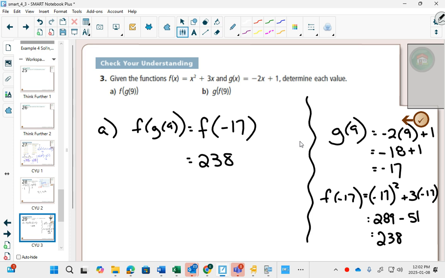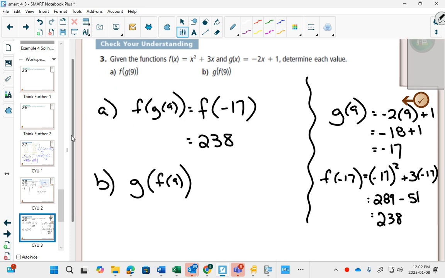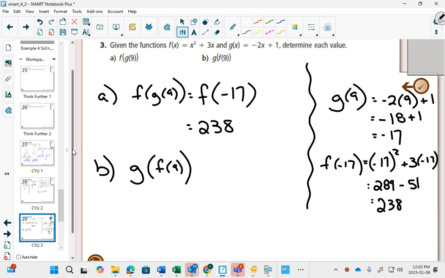No problem. So again, I find if you do these off to the side, you're going to make fewer mistakes. 9 squared plus 3 times 9 would give you 81 plus 27, 108.